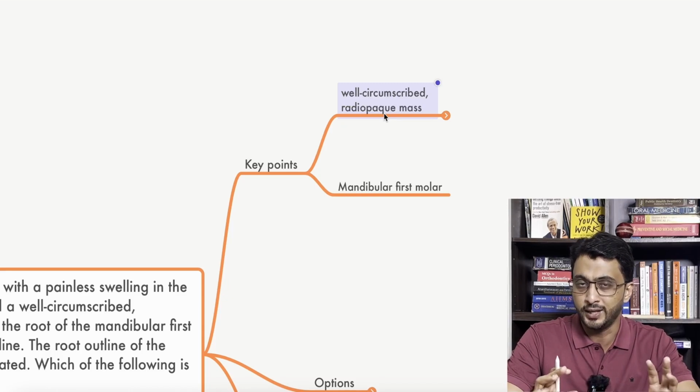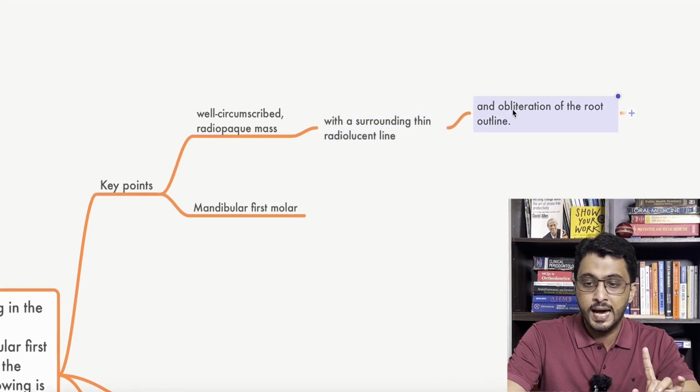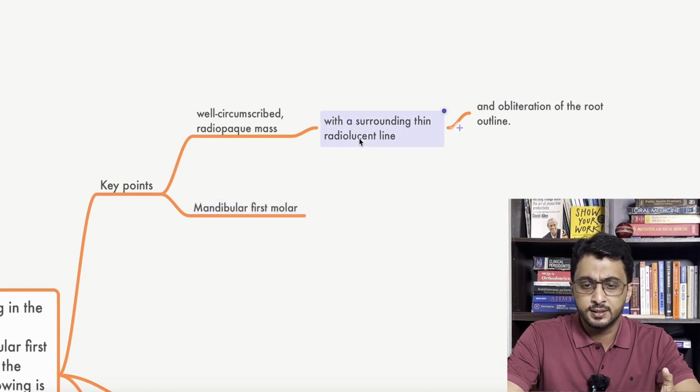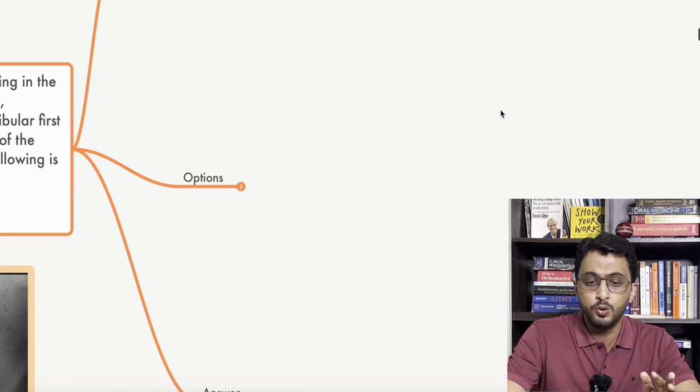Now this is not actually the key point. The key point is, more importantly, the surrounding thin radiolucent line. That's the key. Again, an obliteration of the root outline, on the mandibular first molar. So two things which should click in your mind are radiolucent line and root outline obliteration.